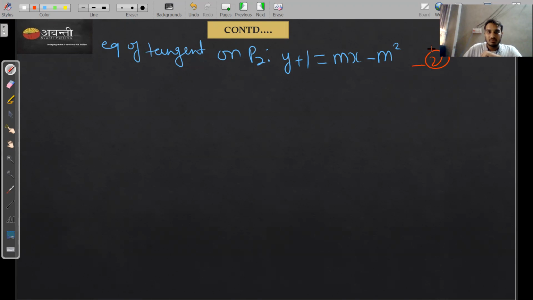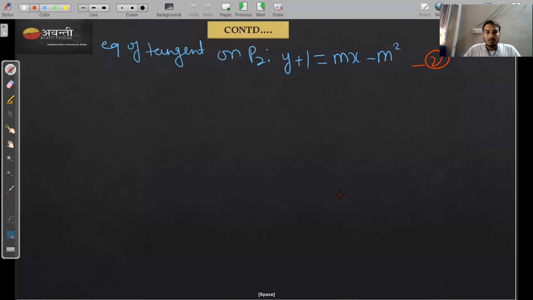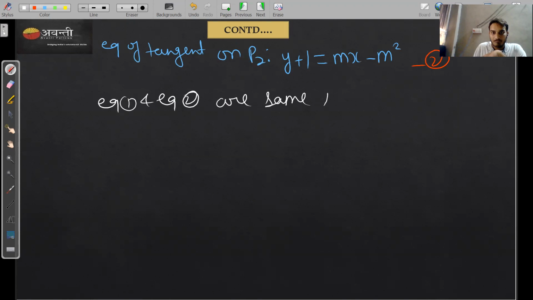And what is the first equation? First equation is this. Now equation 1 and equation 2 are the same line because they are a common tangent. Yes or no?